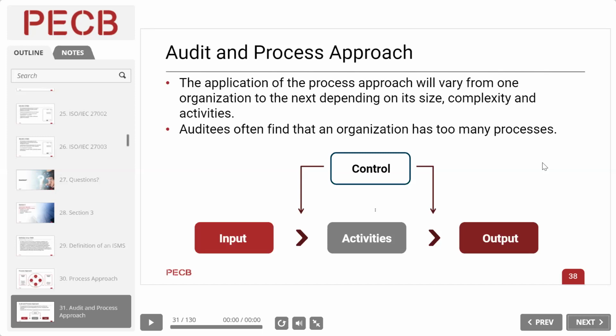And remember, the assets that you have, whether it's an application, a laptop, everything, some of the things are part of the resources of a process.